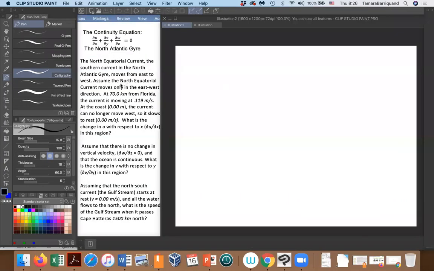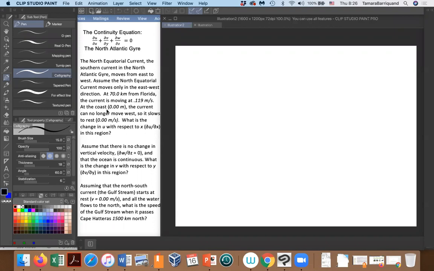We assume the North Equatorial Current moves only in the east-west direction. At 70 kilometers from Florida, the current is moving at 0.119 meters per second, or 11.9 centimeters per second. At the coast, at 0 meters, we're defining this as our origin.